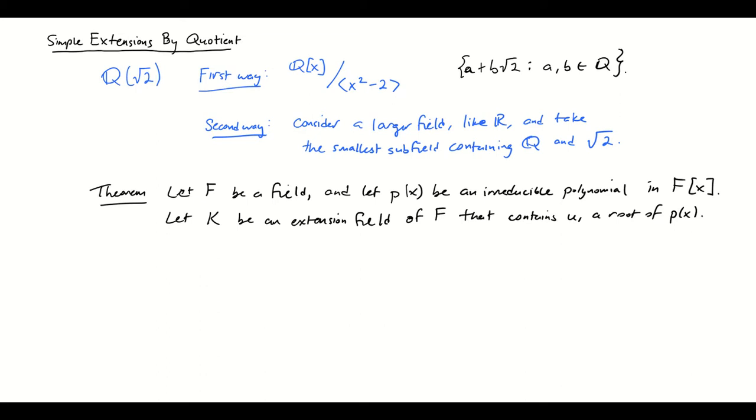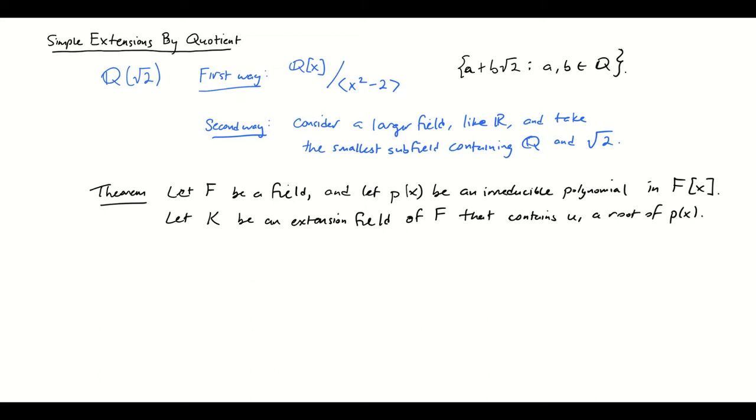So F is a field, we have an irreducible polynomial, so assuming that its degree is greater than 1, it's not going to have any roots in F, but it does have a root somewhere, and we're going to call that somewhere K, an extension field of F that contains a root of this polynomial. All right, that's not the theorem, that's just the setup.